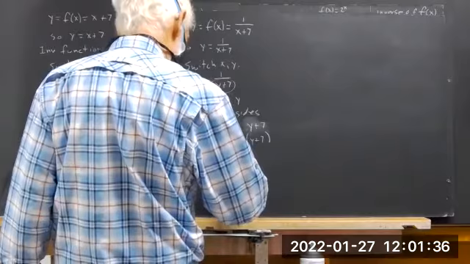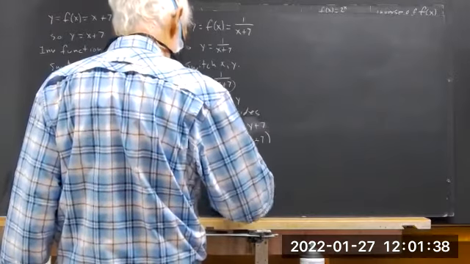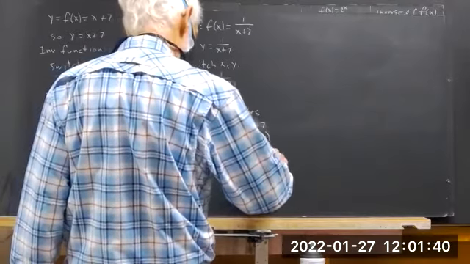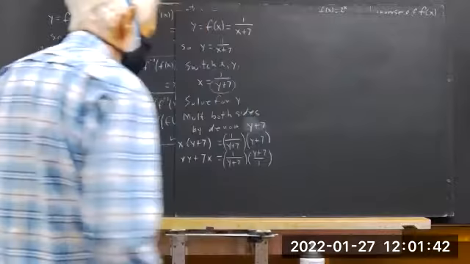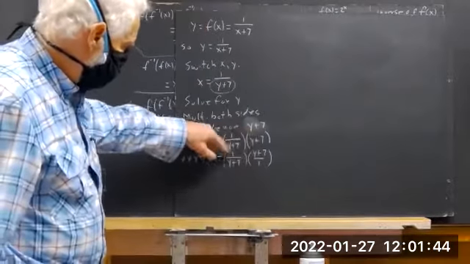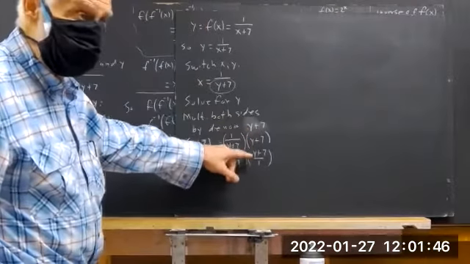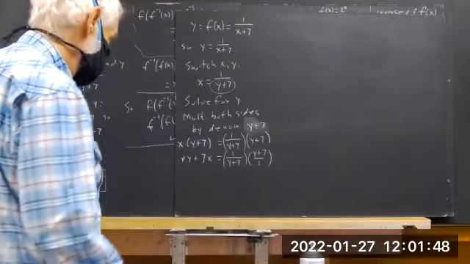And I'm going to write this down in some detail. This is a fraction, so I'm going to write y plus 7 as a fraction, y plus 7 over 1.